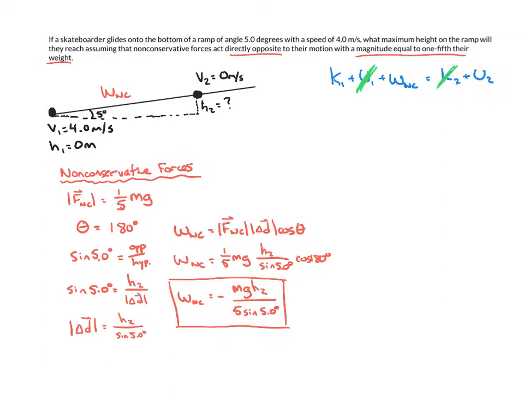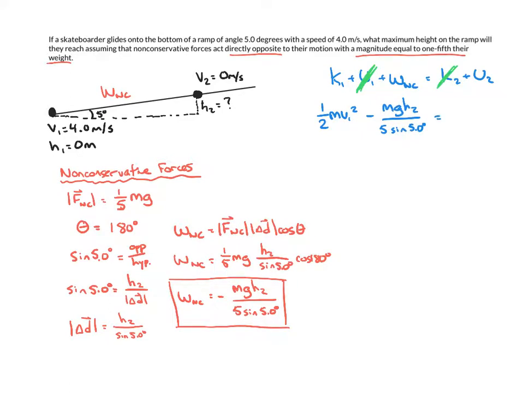Okay, now I will change my K into the formula for kinetic energy, which is half mv squared. I will change the W_NC to what I spent all that work doing, what I have in that box there, which is negative mg h2 over 5 sine 5 degrees.